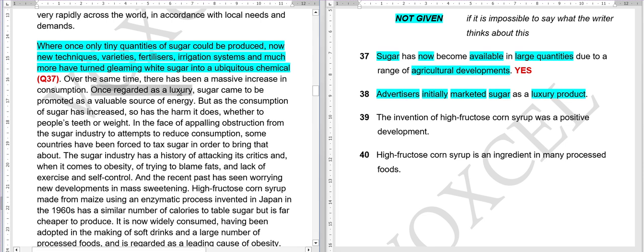Once it was regarded as luxury, sugar came to be promoted as a valuable source of energy. Clear? So this is our location, and you will have around 10 seconds. Tell me whether the answer to this is true, false, or not given. And the time starts now.